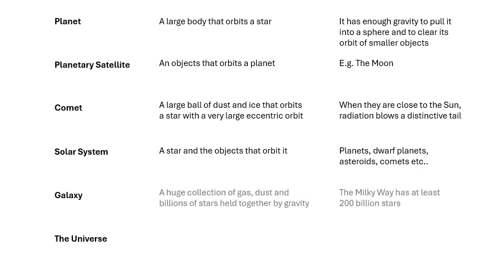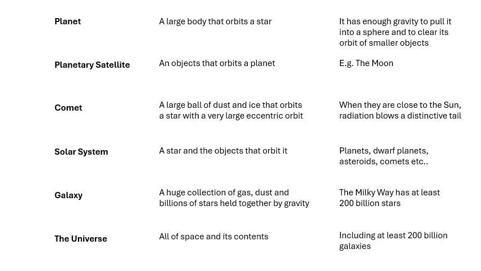A galaxy, a huge collection of gas and dust and billions of stars held together by gravity. The Milky Way has at least 200 billion stars. Lots of stars in the Milky Way. And then the universe is like universal.